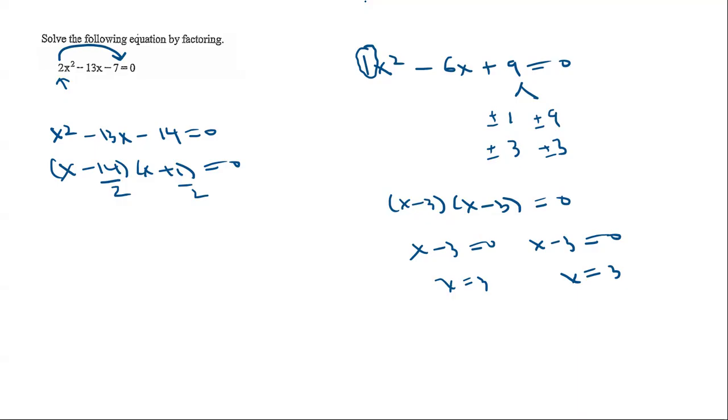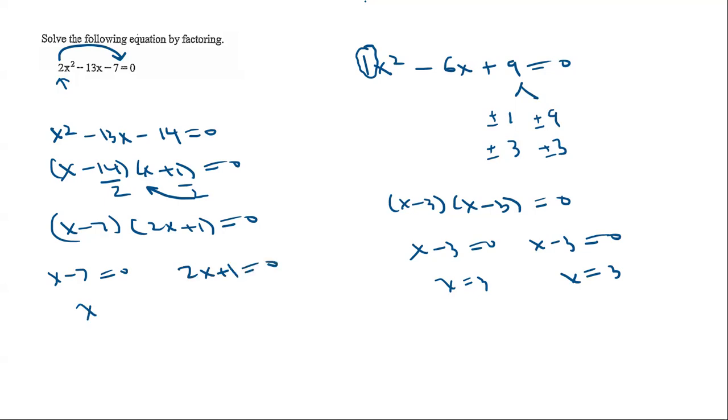And then we reduce. So this becomes x minus 7. And this one I can't reduce any further, so I need to put the 2 to the front there. So that becomes 2x plus 1 equals 0. Then I just set them both equal to 0. This gives me x equals 7, and this gives me x equals negative 1/2.